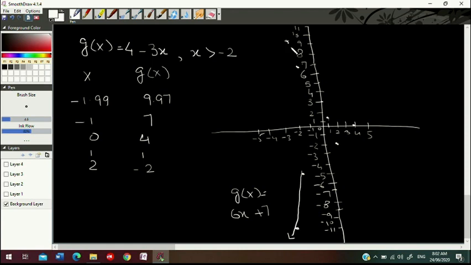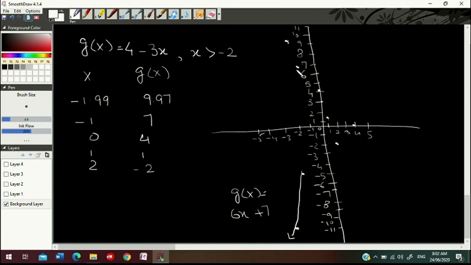So for minus 1.99, g of x is 9.99. When x is equal to minus 1, g of x is 7. When x is 0, g of x is 4. When x is equal to 1, g of x is equal to 1, and when x is equal to 2, g of x is equal to minus 2.